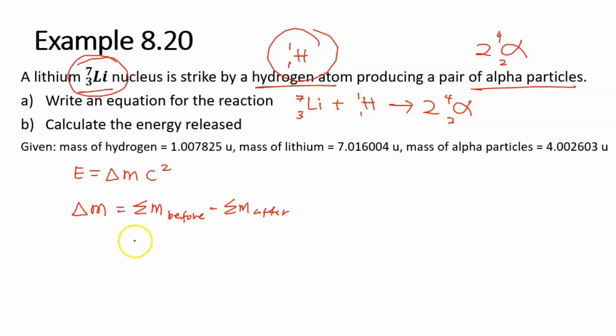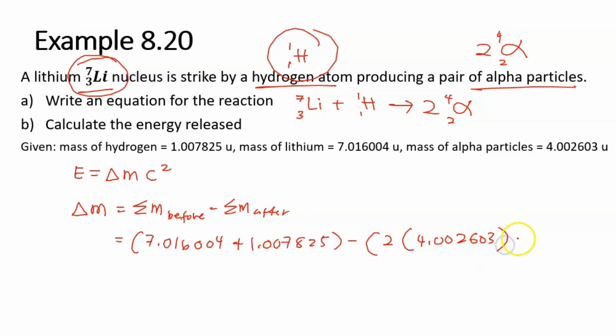Okay. So to find delta M, mass before, kita ada lithium plus with hydrogen 7.016004 plus with 1.007825 minus with the mass after, kita ada 2 alpha particle. So 2 darab 4.002603.